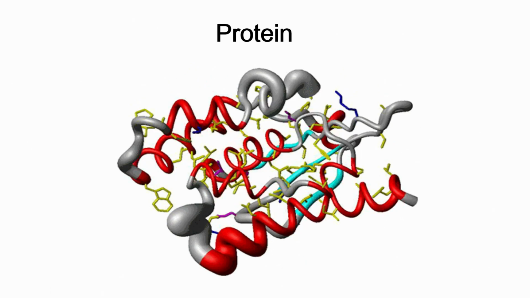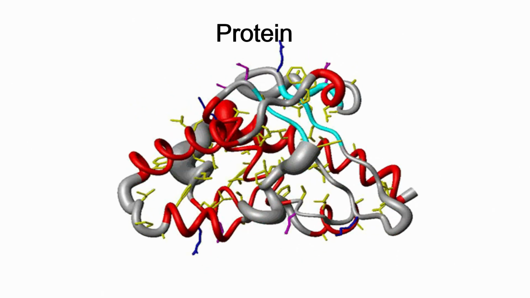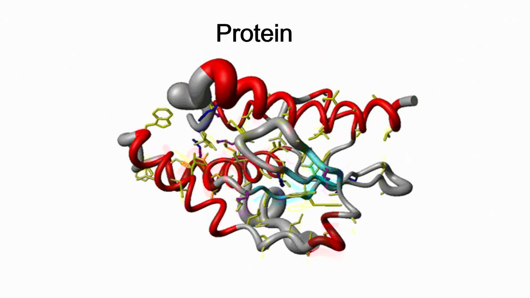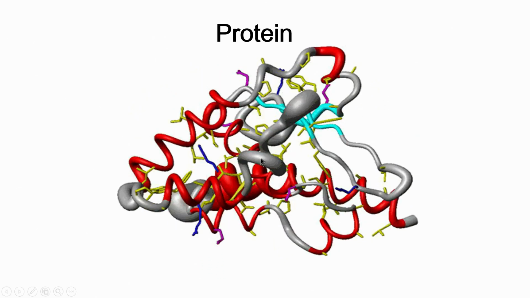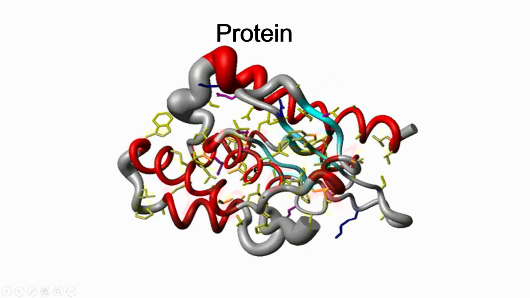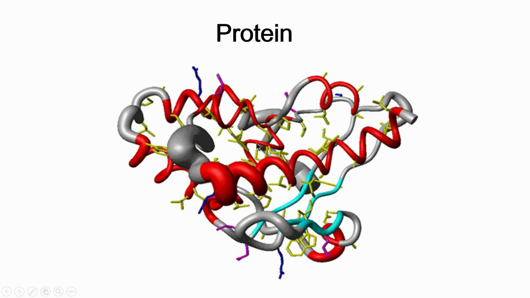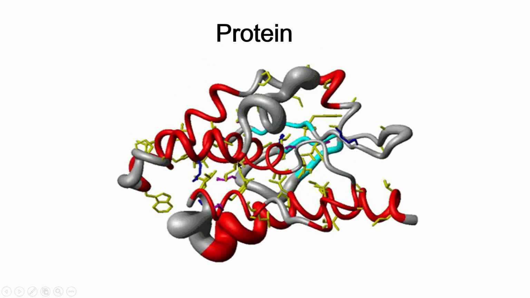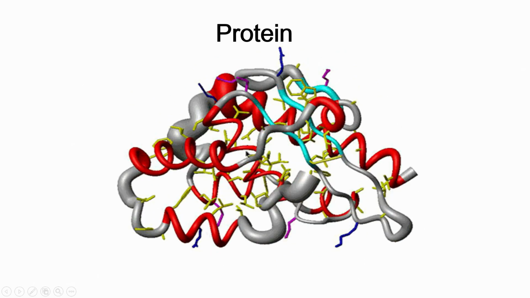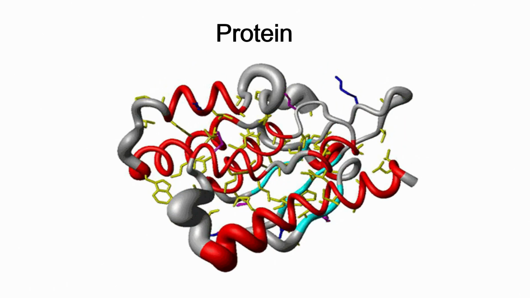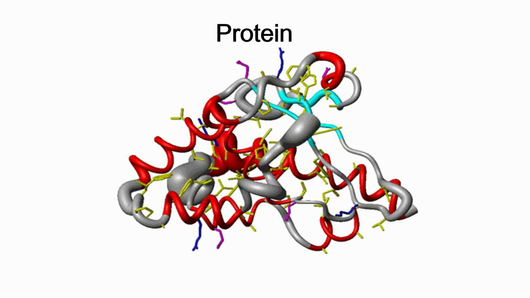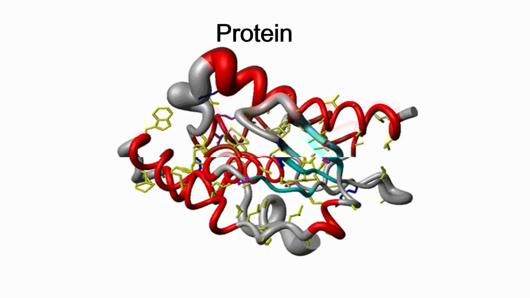So, one of the special features of a globular protein, which occurs inside the cell or outside the cell, is that the hydrophobic groups are located inside the protein structure. So, we can see that buried in the core of the protein are the hydrophobic amino acids such as leucine, isoleucine, methionine, phenylalanine, alanine, and so on.